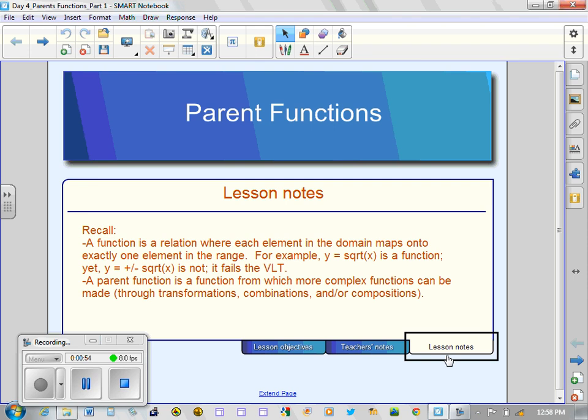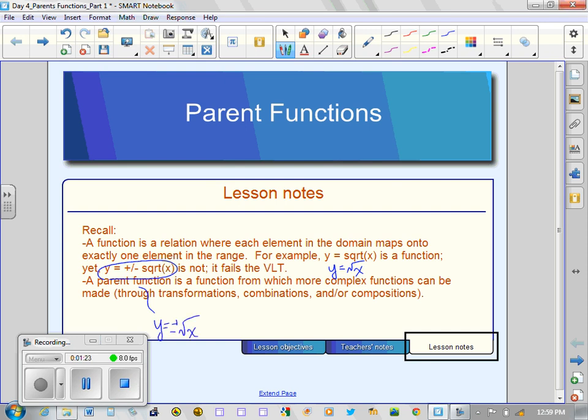For example, if we take y equals the square root of x, we can say that that is a function, yet y equals plus or minus the square root of x. I'm just going to rewrite that so it is actually represented appropriately. Is not, because it fails the VLT.